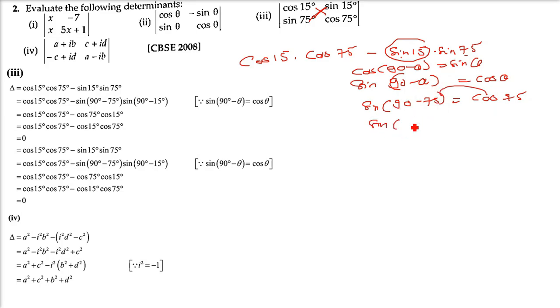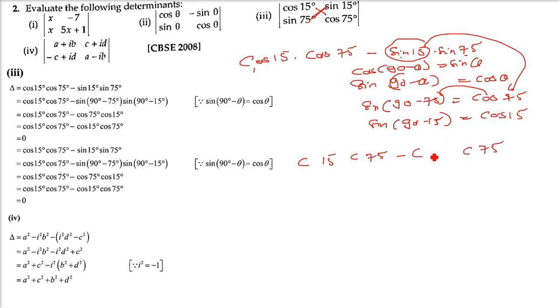Similarly, for sin 75, you can write sin 90 minus 15, and that is going to be cos 15. So what will it be? Cos 15 cos 75 minus cos 75 into cos 15. And you see, both are the same, so it's 0. They cancel each other out.